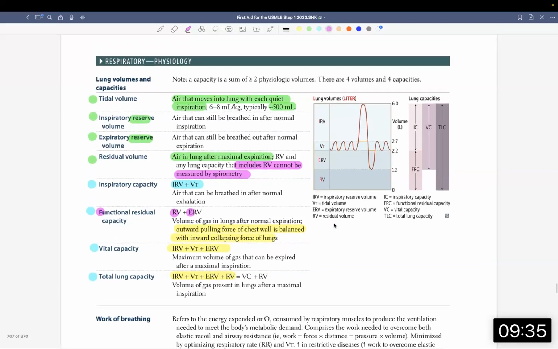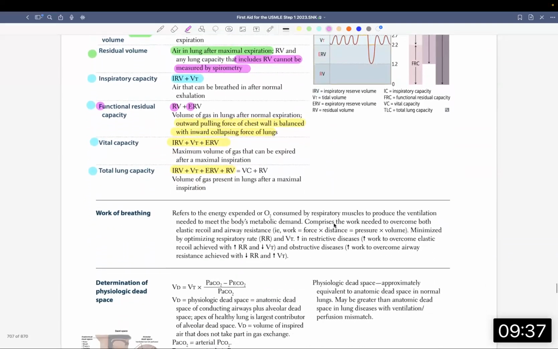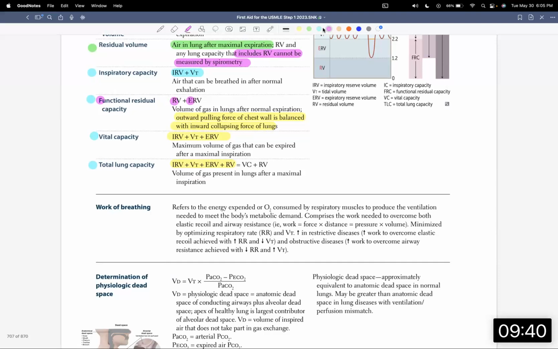So changes in aging. All right, so next we have work of breathing. This refers to the energy expended or oxygen consumed by respiratory muscles to produce the ventilation needed to meet the body's metabolic demand.